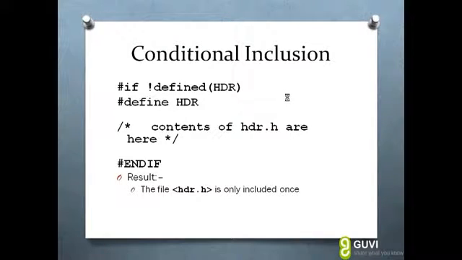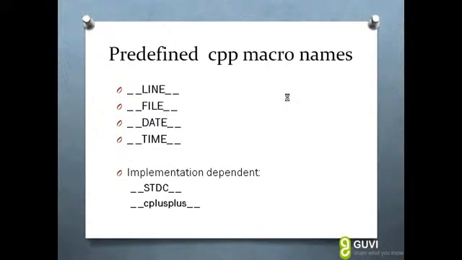So the result is based on the platform I compile for, and I include the particular thing. There are different conditional inclusion statements: if, else if, end if. So explore all those things one by one.